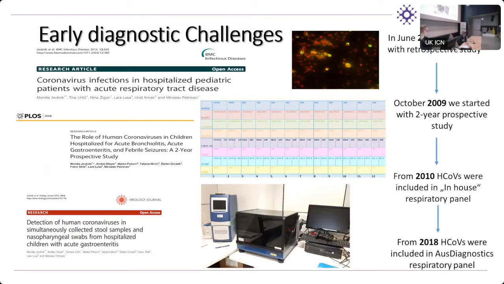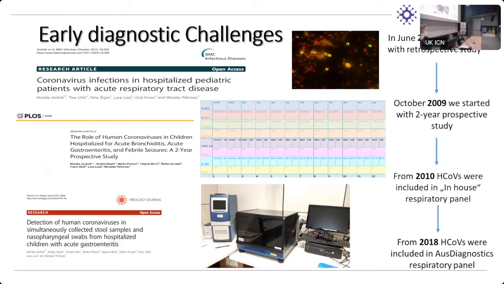Our beginnings and our journey started in June 2007 when we started with a retrospective study. Before this year, human coronaviruses were not included in our respiratory diagnostic. After 1 year, because of the very interesting nature of the human coronaviruses, we started a prospective study from October 2009.